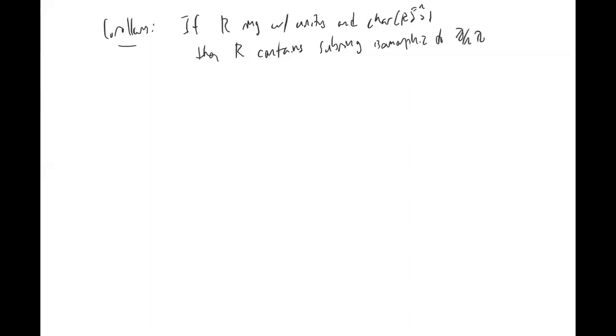You should think of it as having a copy of Z mod nZ in your ring. And if the characteristic is 0, R contains a subring isomorphic to Z.